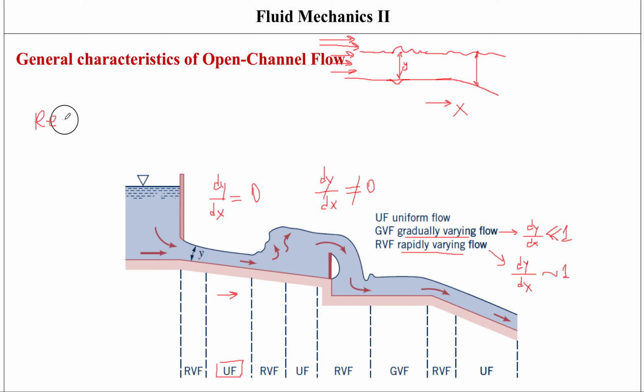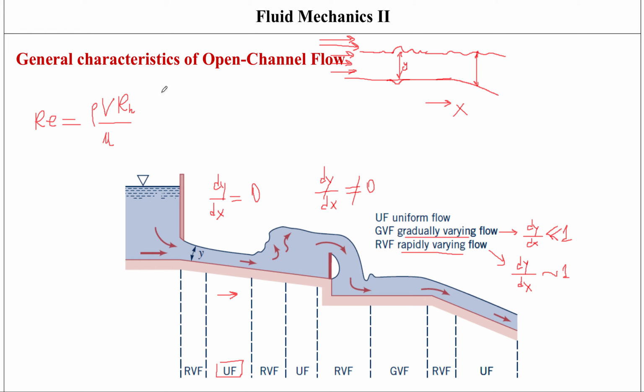For an open channel flow, you write it in terms of rho v R_h over mu. R_h here represents the hydraulic radius, which I'm going to talk about in a second, and mu is the viscosity.